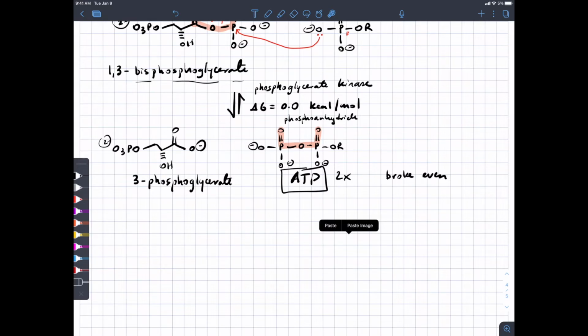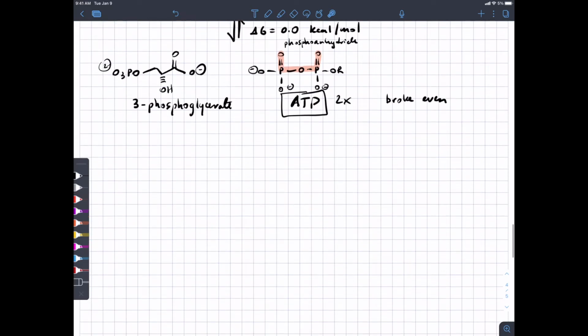All right, so step 8 will be a bit of a relief because I'm not actually going to ask you to learn the mechanism of step 8. It's not that hard to understand. It involves enzyme side chains acting other than just as bases and acids.